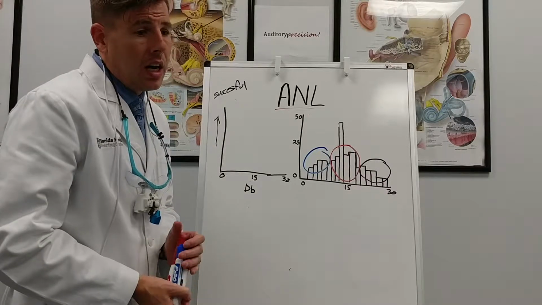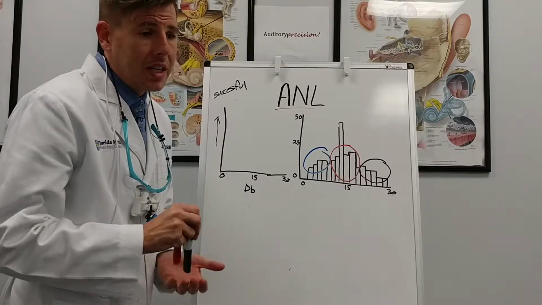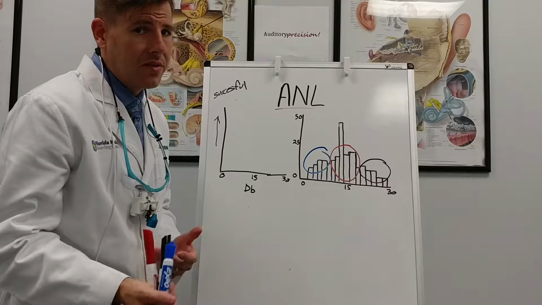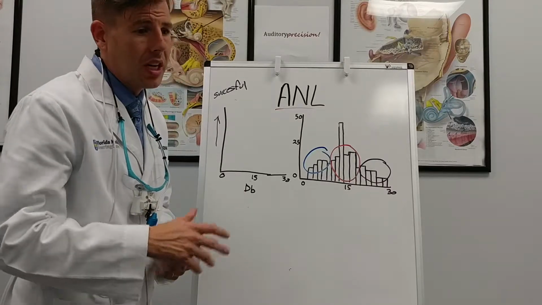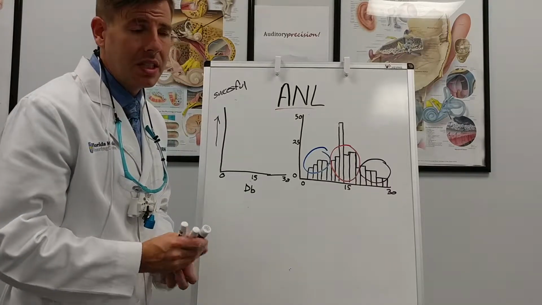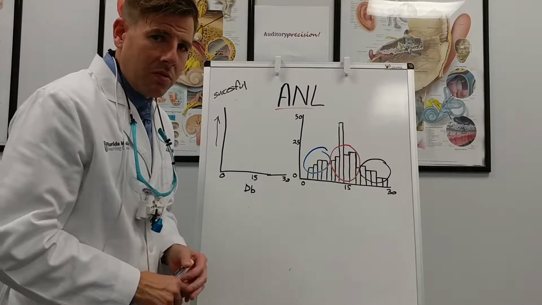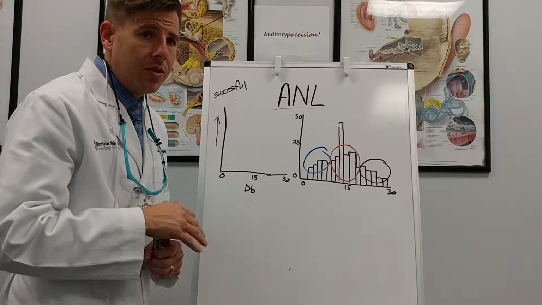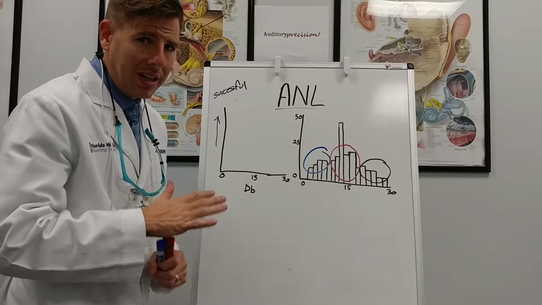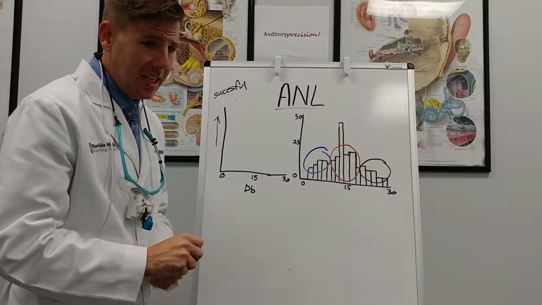ANSI standards, American National Standards Institute, does follow the SII model, which stands for Speech Intelligibility Index, a scale from zero to one, with one being the highest, giving the most benefit for clarity. There are two things that have to take place.